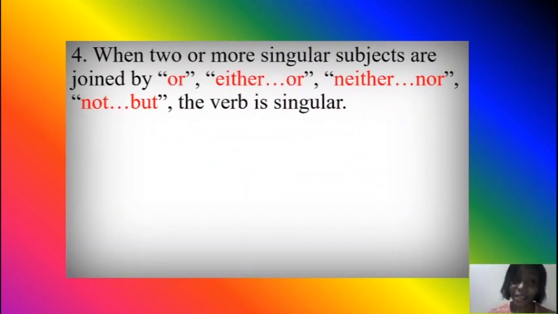Now, let's go over to rule number 4. Rule number 4 states that when two or more singular subjects, take note of that, singular subjects, are joined by or, either or, neither nor, not only but, the verb is singular.